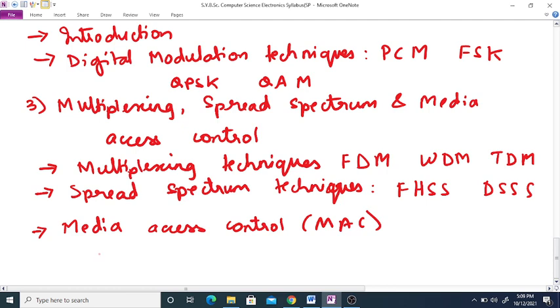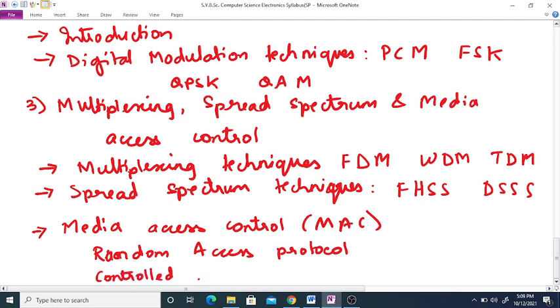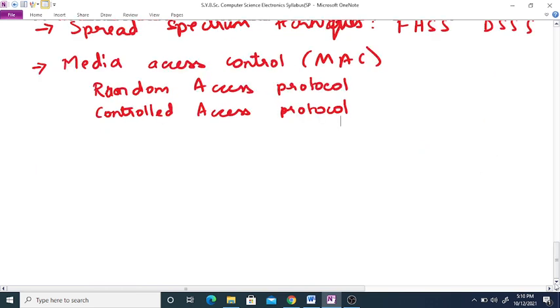In this we have random access protocol, then controlled access protocol, then third one channelization protocol.